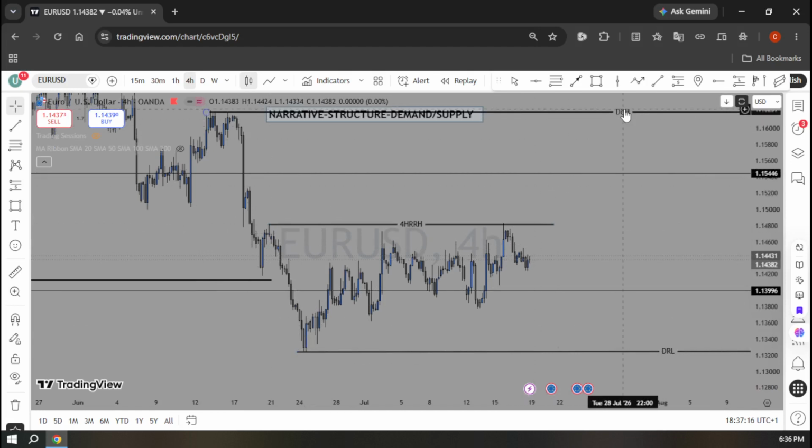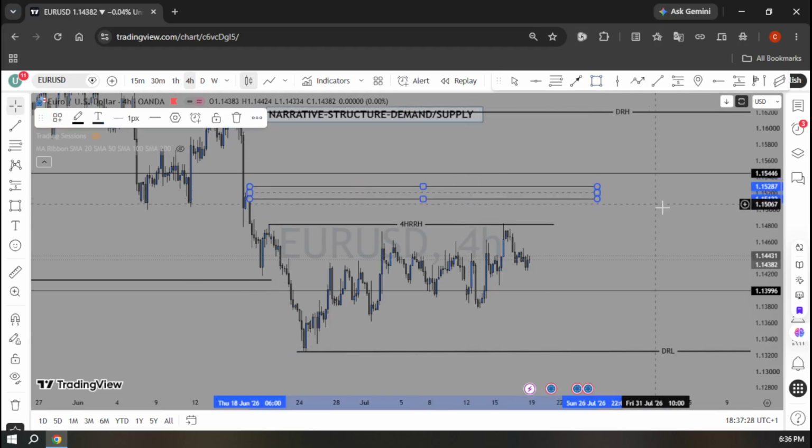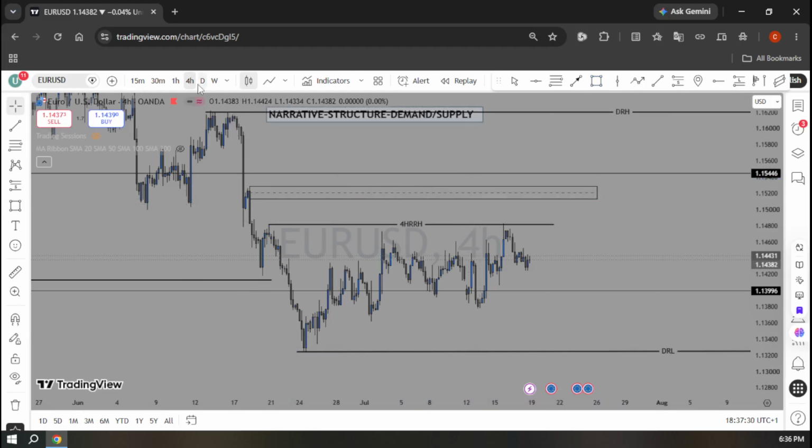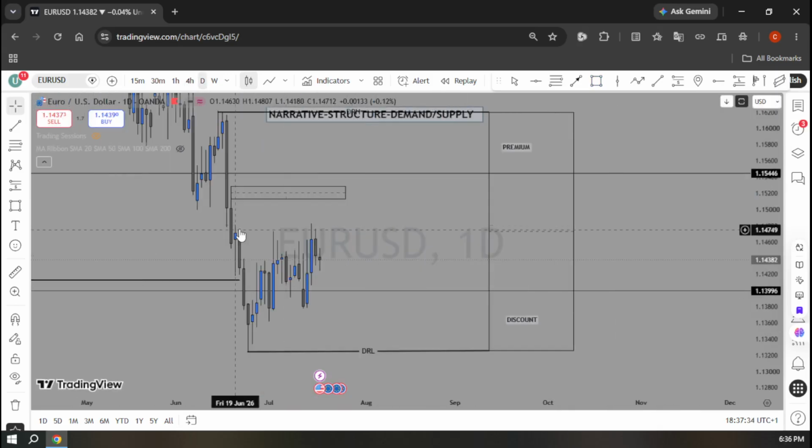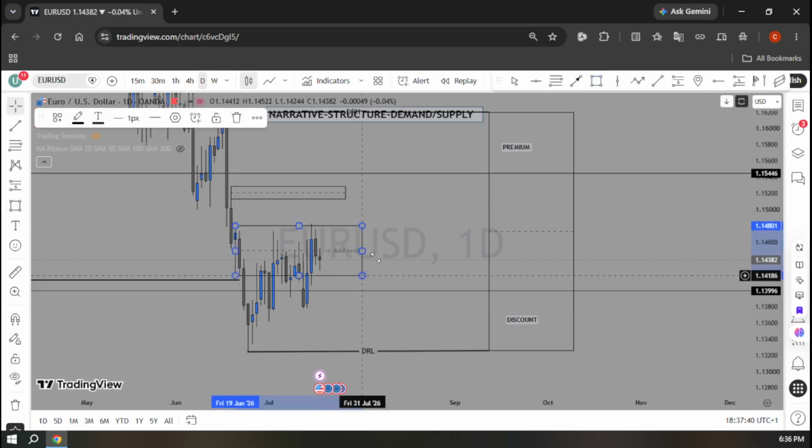Because I have this daily range high here and this daily range low, but the 4-hour gives us an area here which we would likely look into, and we have this supply area here, and looking at it from the daily, we had a supply area which has been recently tapped by the market, and that is where price is trading in.